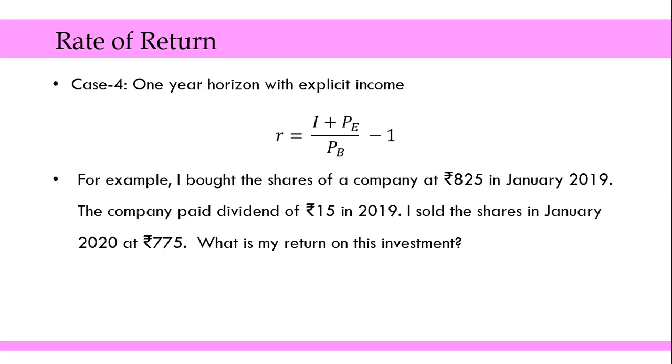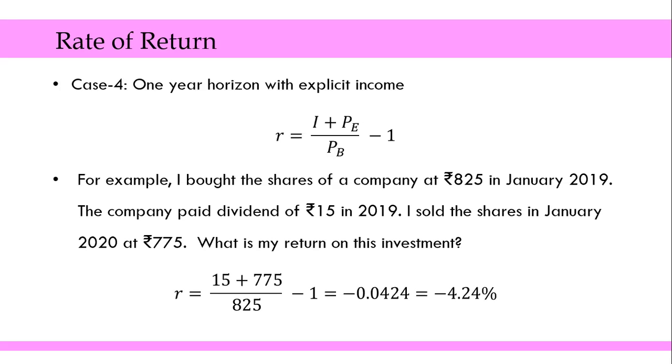Say if I take an example, I bought the shares of a company at rupees 825 in January 2019. The company paid dividend of rupees 15 in 2019. I sold the shares in January 2020 at 775. What is my rate of return on this investment? That means I bought it at 825. I got 15 rupees dividend, and at the end of 1 year, I sold at 775.